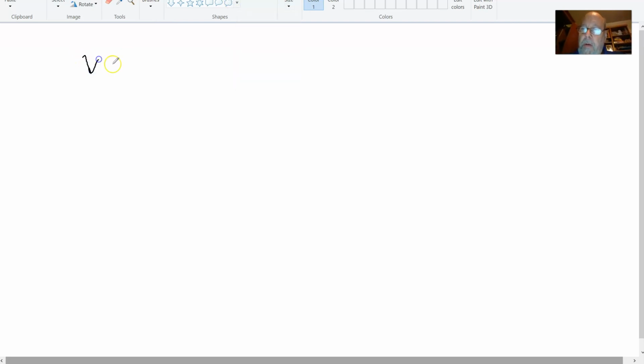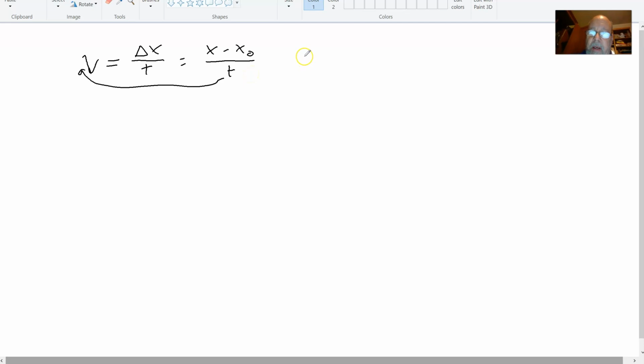we said v equals delta x over t equals x minus x0 over t, and then we moved the t over here and we added the x0 and we got a formula that said x equals x0 plus velocity times time.